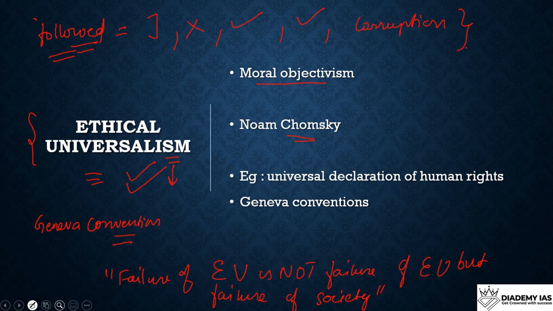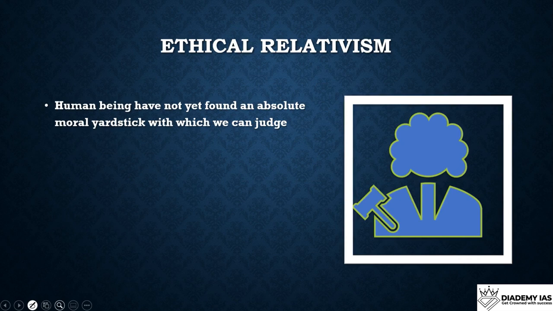Next topic is relativism. Basically, this means that things are relative. That means if something is right for you, it might not be right for me, but you can follow it because it is right for you. They say that there is no such thing as ethical universalism, nothing like justice which exists for all societies.